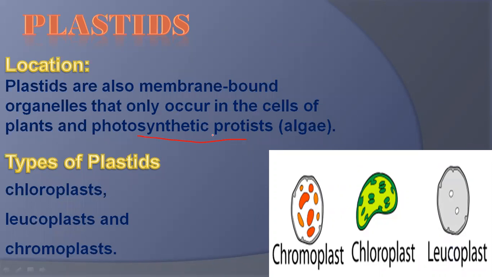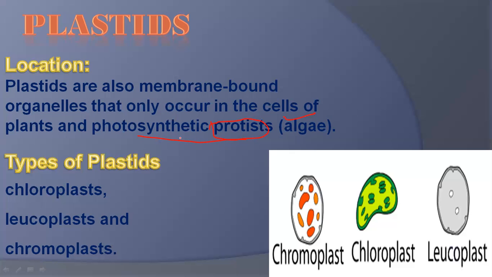As we know, they are present in eukaryotic cells, not prokaryotic cells. What is the reason for that? Because they have membranes. Photosynthetic protists are also eukaryotes, for example, algae. So they have a membrane-bound nucleus and other membrane-bound organelles also, and the algae do photosynthesis.